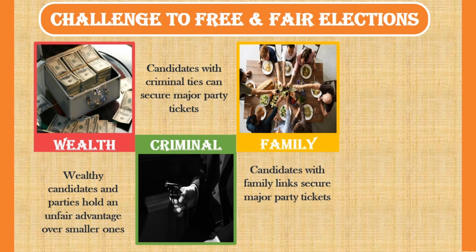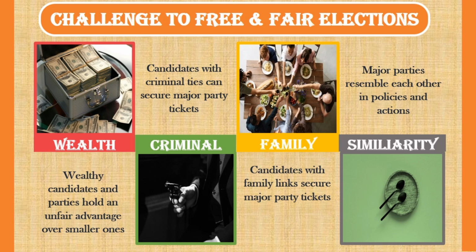The last factor is that many parties resemble each other in policies and actions, so citizens do not have any real choice. Whatever party they choose, the actions and policies of those parties are almost similar. These 4 factors which we discussed here are challenges to free and fair elections in India.